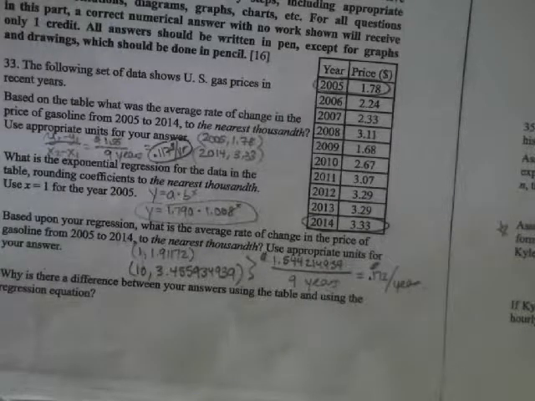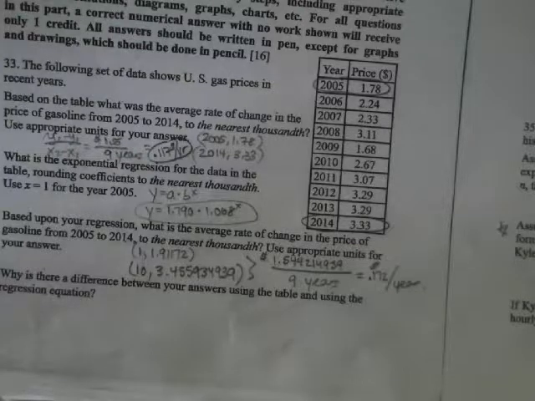There's no way you're going to be able to predict the future if you need every single actual number. So the table is giving us the actual changes and the regression equation is giving us the best predicted rate of change.